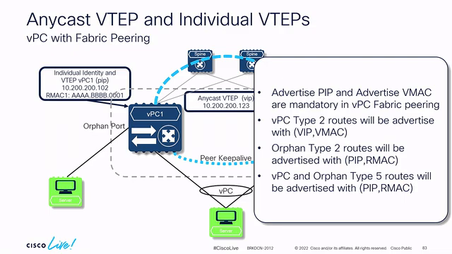Why? Because you want to attract traffic only to yourself if you are the one who needs to receive that traffic, and not attract it to both of the VPC peers. If you are a type 5 route, whether attached through a VPC or to an orphan port, you will still be advertised with the PIP, primary IP address, and router MAC.